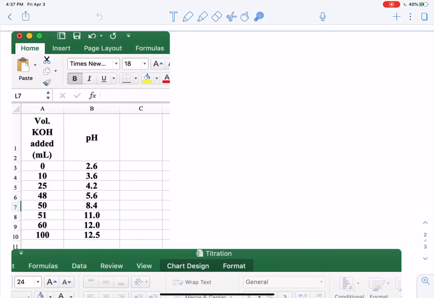Here are my volume of KOH in milliliters and the pH values that we calculated, starting at 2.6 and going all the way up to 12.5. So I plotted these data with the volumes on the x-axis and the pH values on the y-axis.